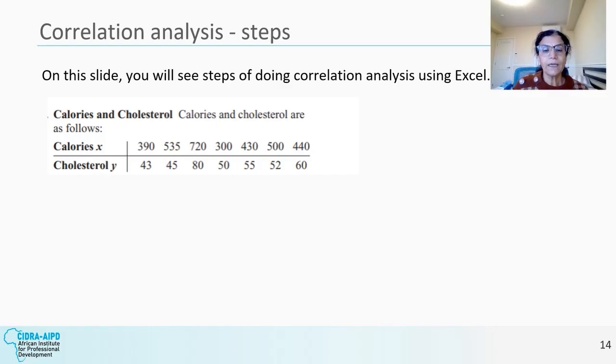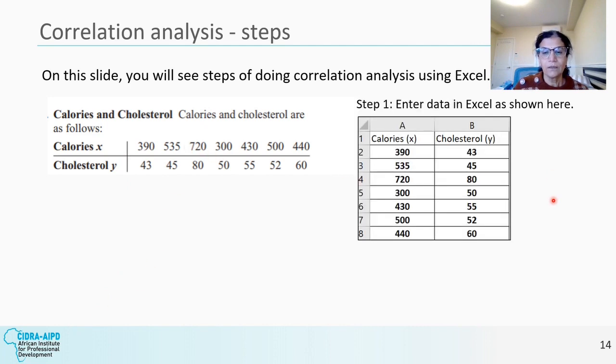Let's see how we do correlation analysis using Excel. So this is an example data set. We have calories as one variable, cholesterol level as another variable. So the first ordered pair is 390 and 43 and so on. If you want to use Excel, open Excel and enter the data as shown here.